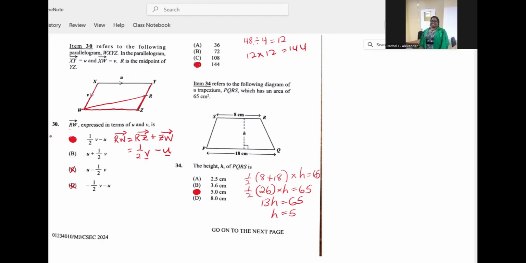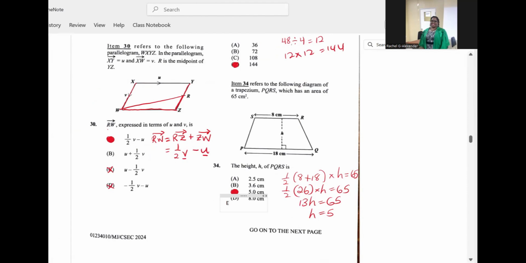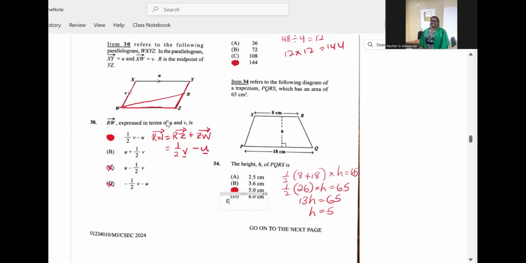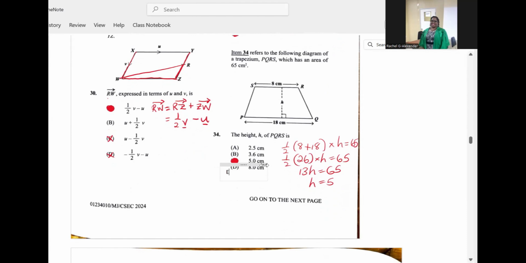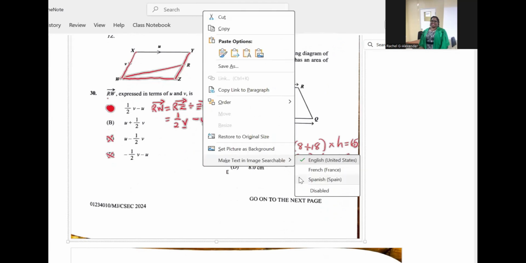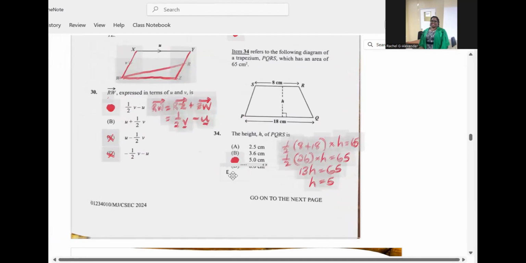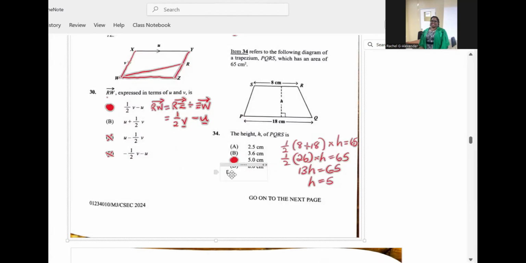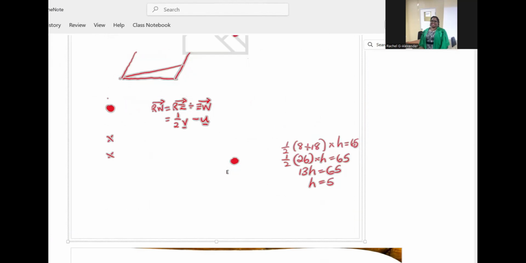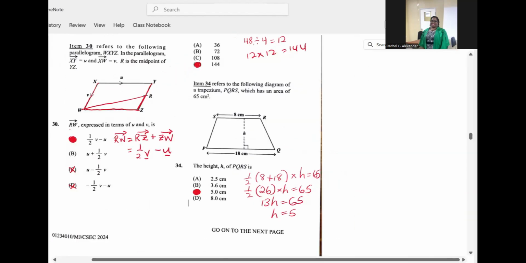Yeah, the way might have been too much work. I think this is, yeah.